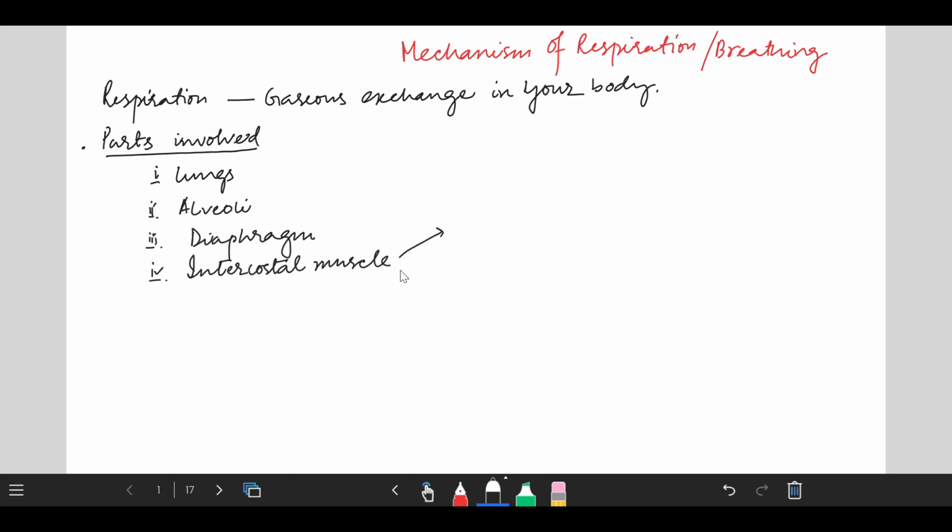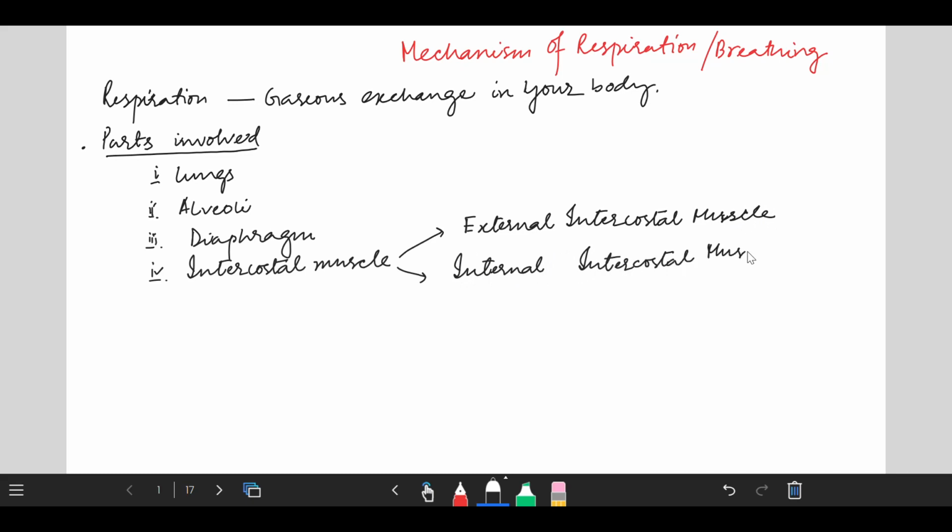Intercostal muscles are of two types: first one is external intercostal muscle, and second one is internal intercostal muscle. And another two parts are nose and ribs. These are secondary organs.